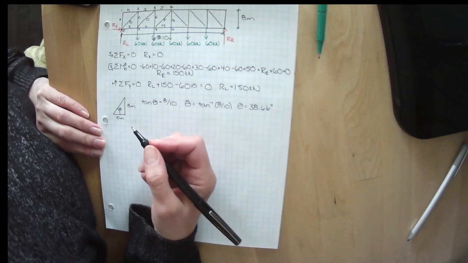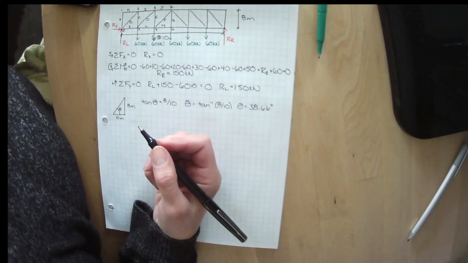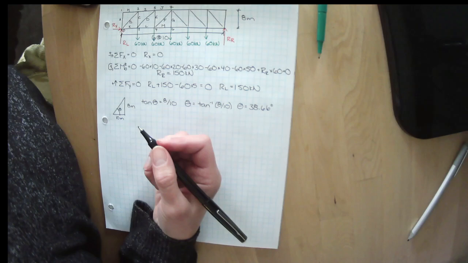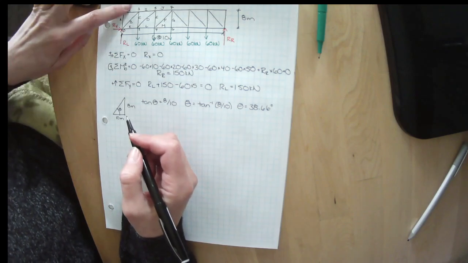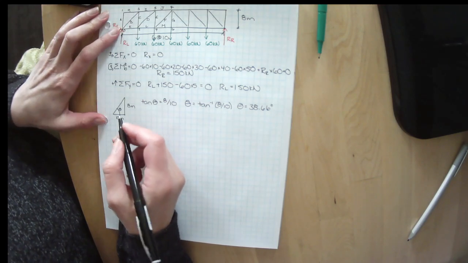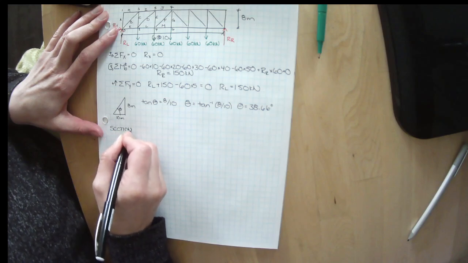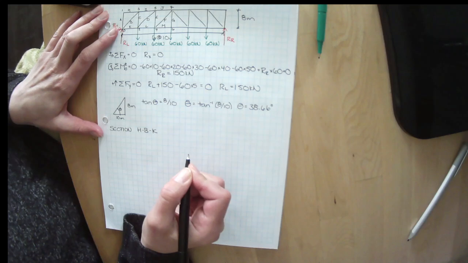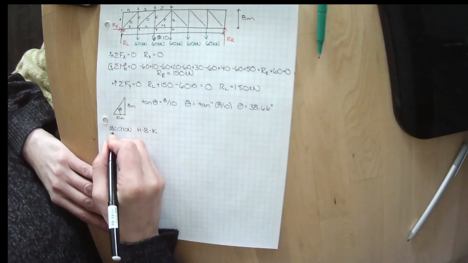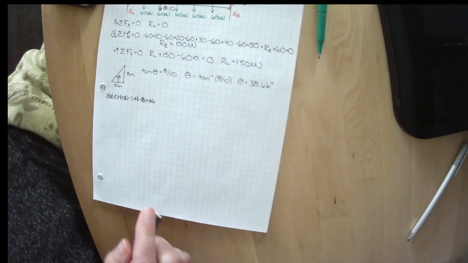Let's go through and be systematic here. Let's cut through H, B, and K. Actually, do you know what I'm going to do? I'm not going to make my section cut right now. I'm going to label these out so that I don't miss anything.